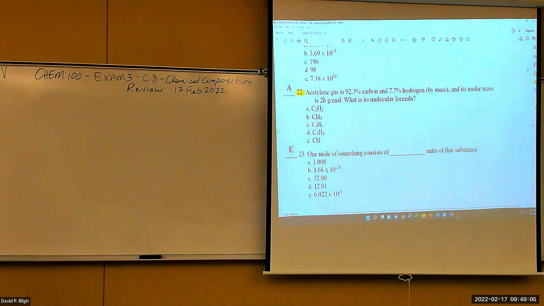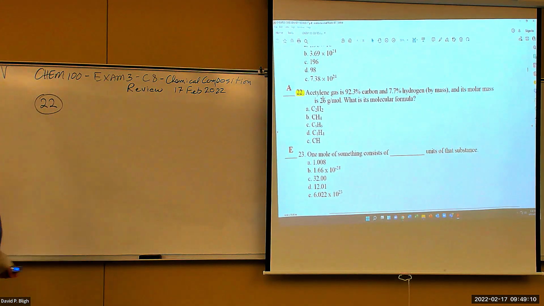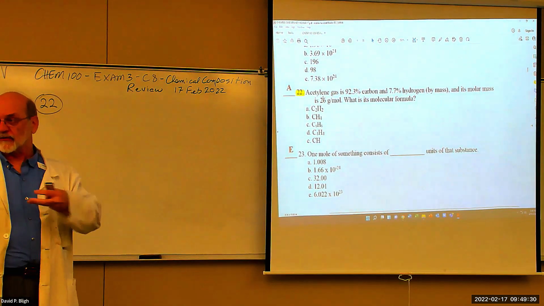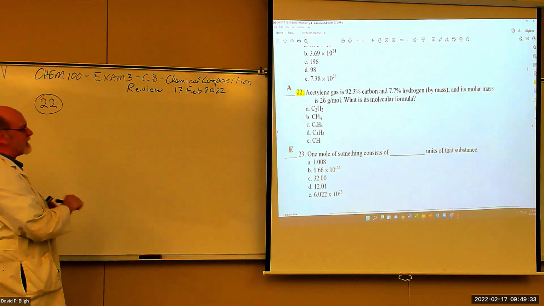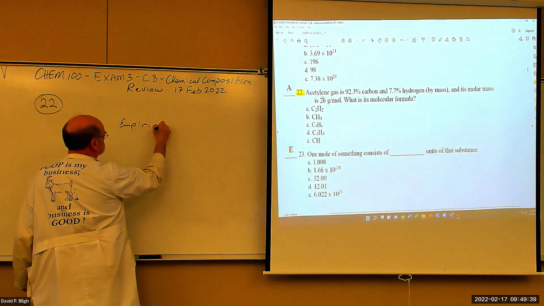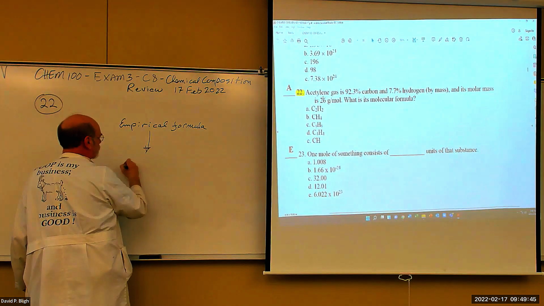And let's scroll down to 22. Okay. Acetylene gas is 92.3% carbon and 7.7% hydrogen by mass, and its molar mass is 26 grams per mole. What's the molecular formula? Right, so you remember the steps we have to go through. Major steps: empirical first, and molecular.